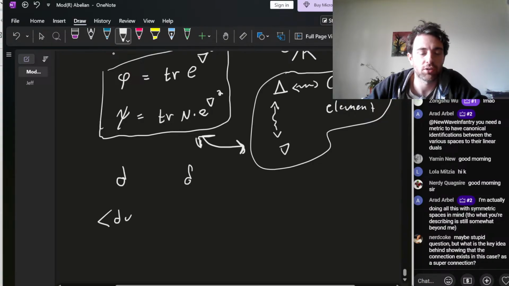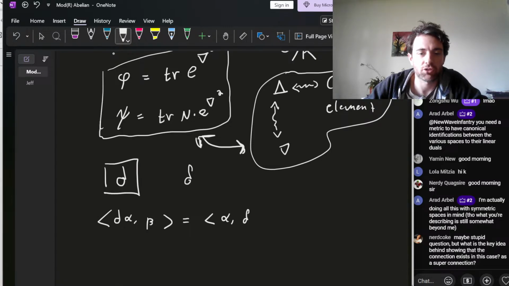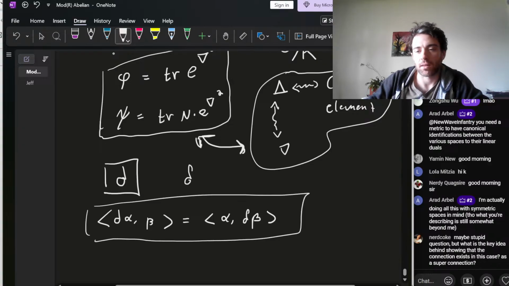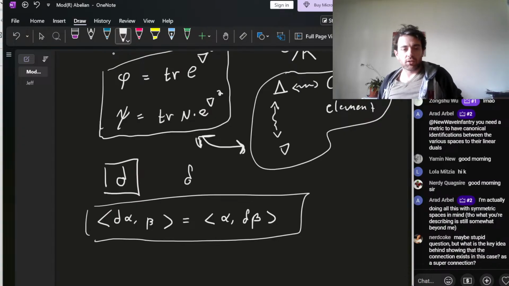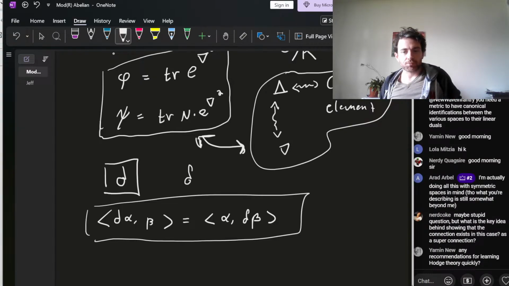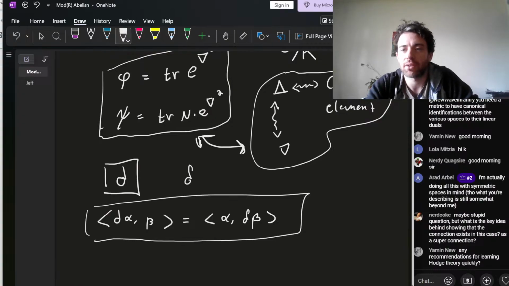You take your exterior derivative, and then the co-differential is basically defined to be an adjoint linear operator with respect to some pairing. So it's inherent in this inner product.